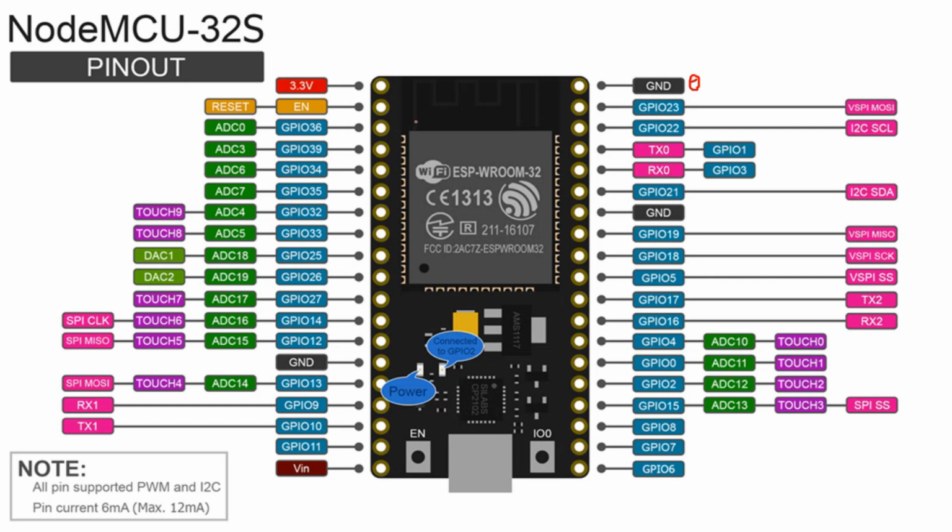You can see on the backside of the microcontroller it is written as GND. That means ground. You can connect the ground portion there. After that, GPIO is there. GPIO is nothing but general purpose input output.